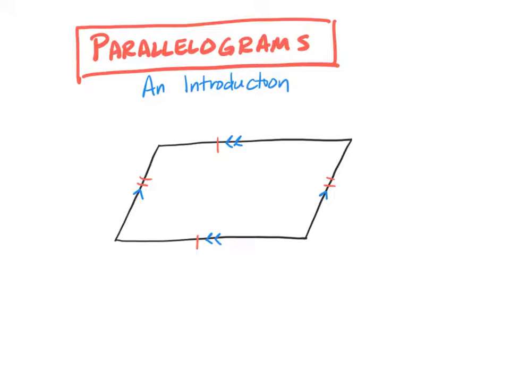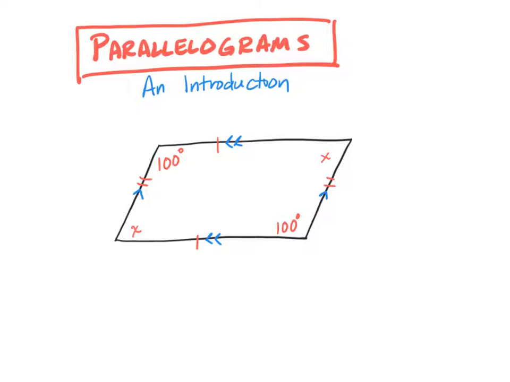We also know that the opposite angles are congruent. So if this is 100 degrees, then this must be 100 degrees. At the same time, if those are 100, these opposite angles have to be equal to each other.